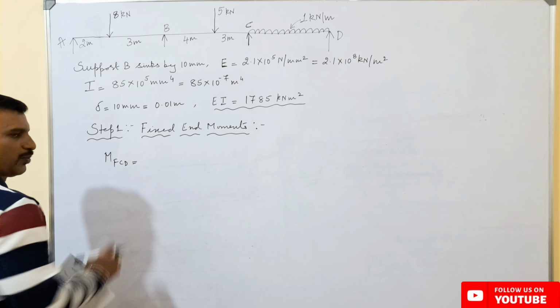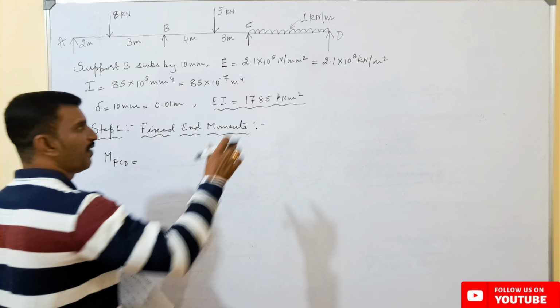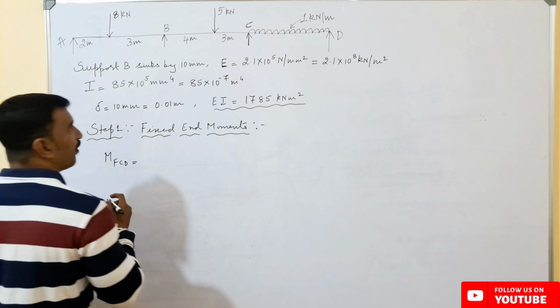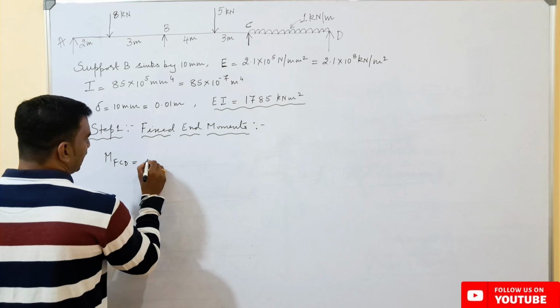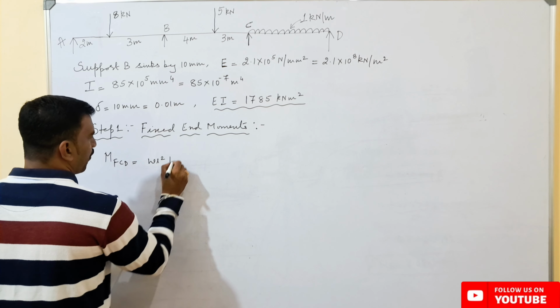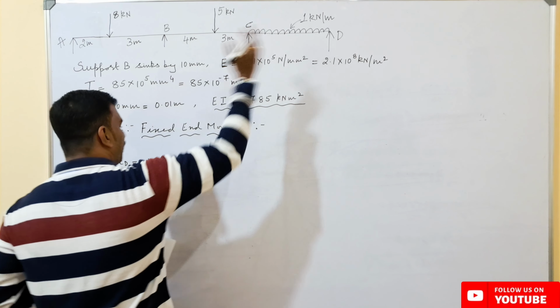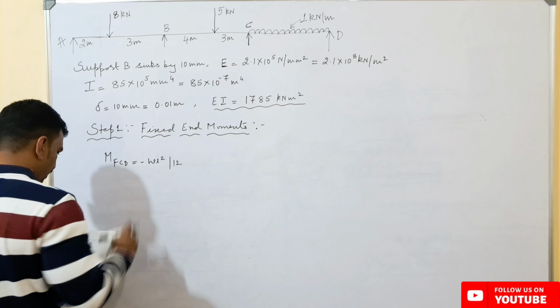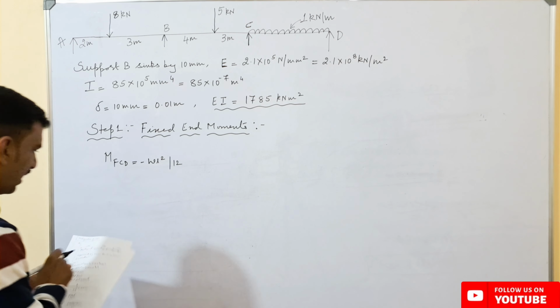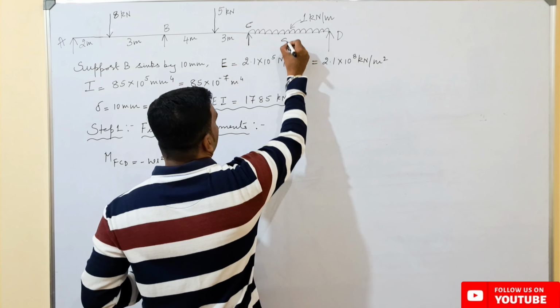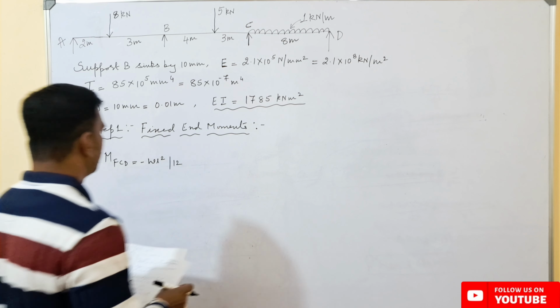So to find out the fixed end moment from point C to D, since it has a UDL, the formula we know directly is W L square upon 12. Since we are coming from left to right, the value is negative. Here the span they have given is 8 meters.